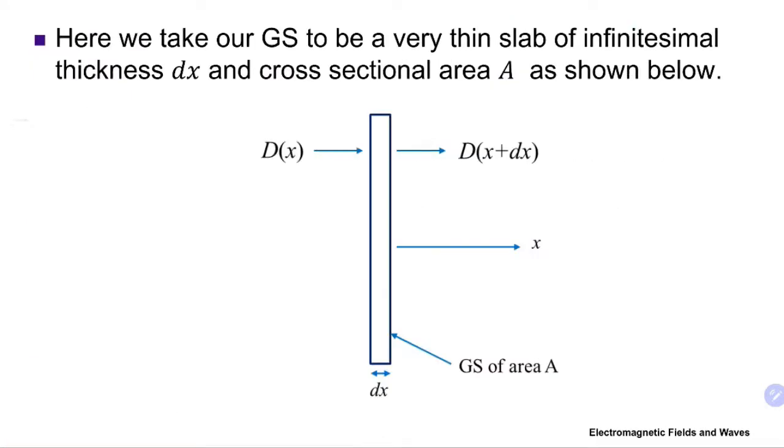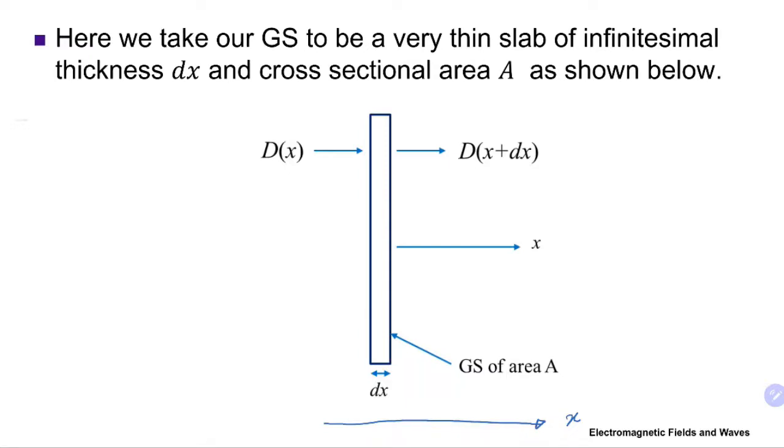So this is the scenario, and this is my x direction. In my vertical direction it is constant, and in my horizontal direction, pointing out from my screen, it is also constant. The charge doesn't change there; the charge changes in the x direction.